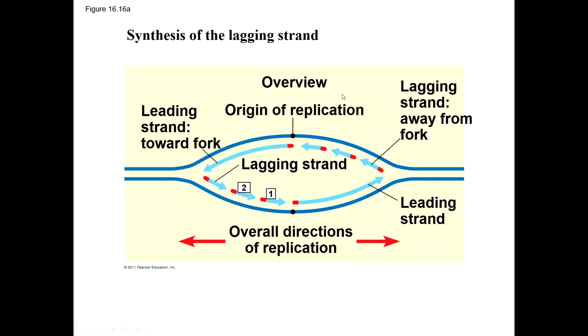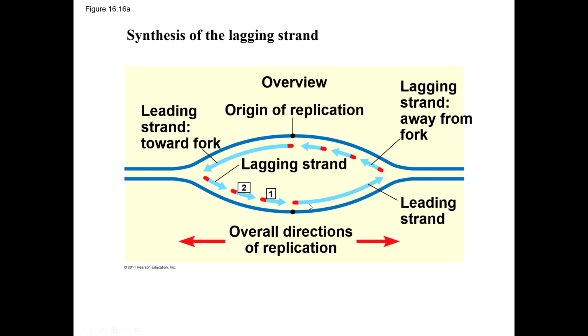Okay, so again, an overview of the synthesis of the lagging strand compared to the leading strand. So we can see here the lagging strand is going away from the fork, and as it does that, it forms these little sections, these fragments, which are those Okazaki fragments, whereas the leading strand forms continuously towards the fork.